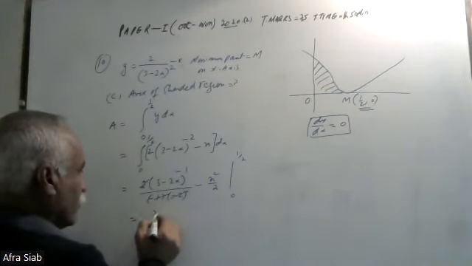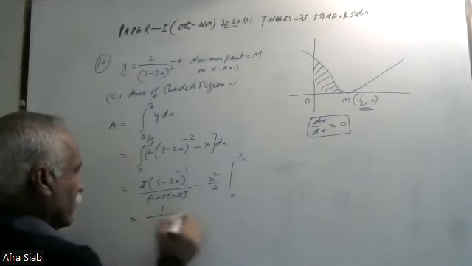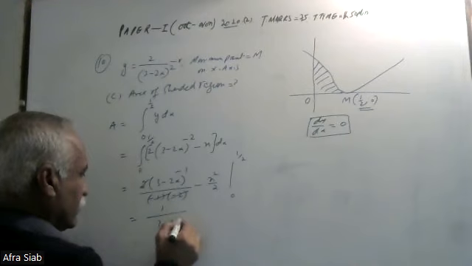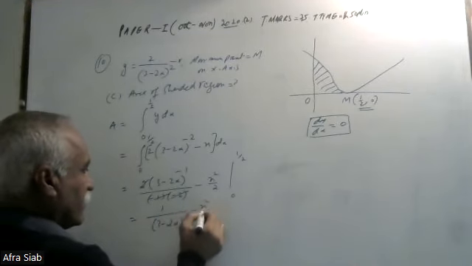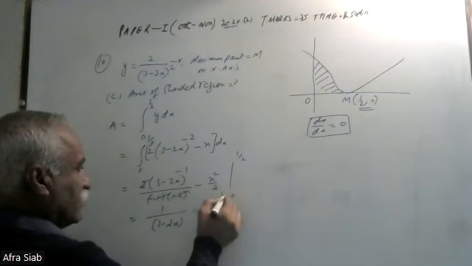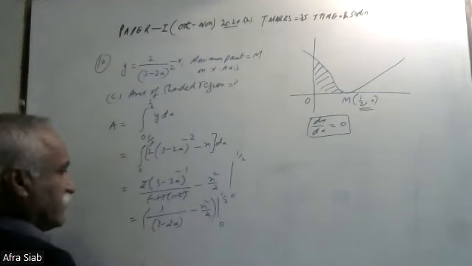It should be equal to 1 over (3 − 2x) minus x squared over 2, with limits 0 to 1/2.